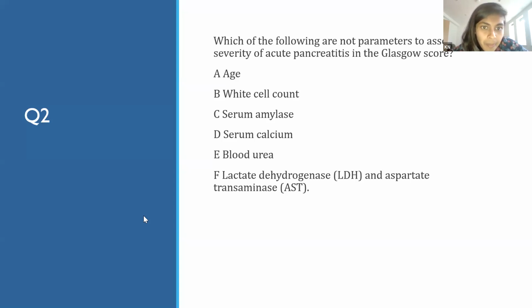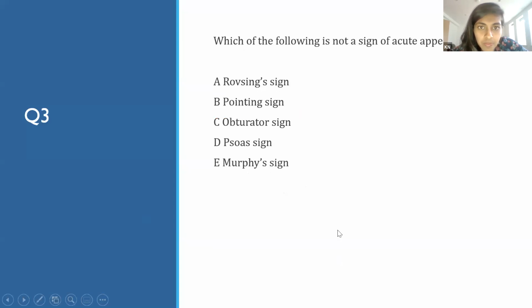Yep. So the next question is, which of the following is not associated with appendicitis? I'm just going to launch the polling now.